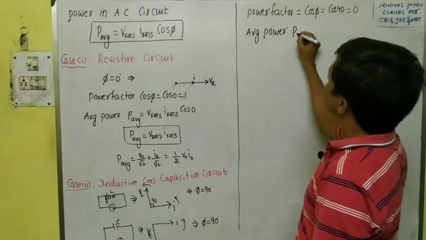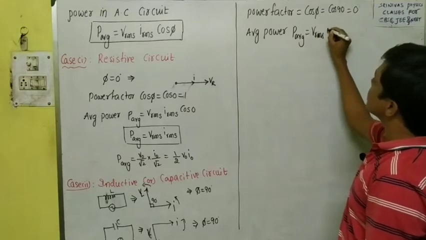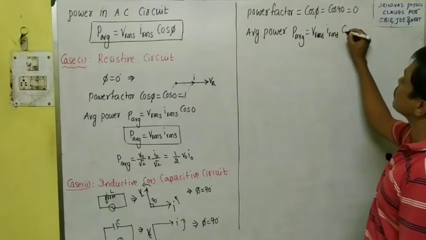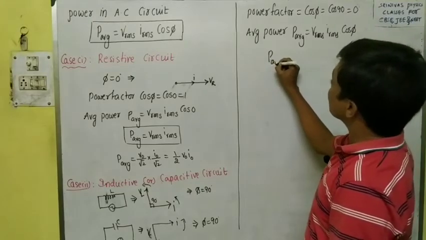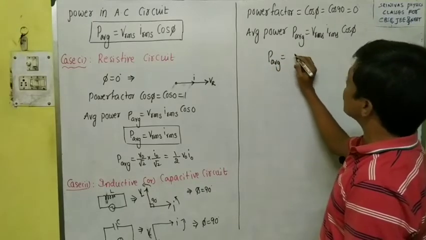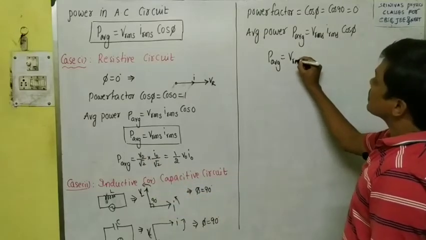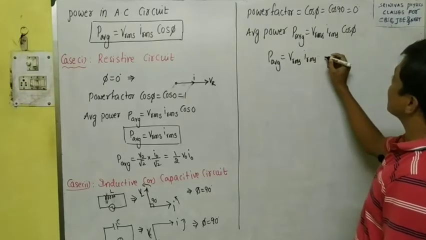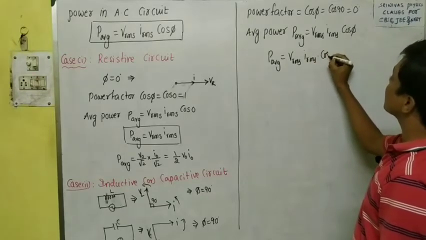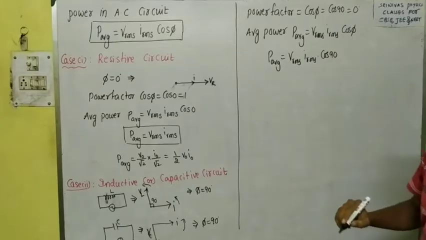Then the average power is equal to Vrms into Irms into cos phi. Cos phi is cos 90, and cos 90 is 0.